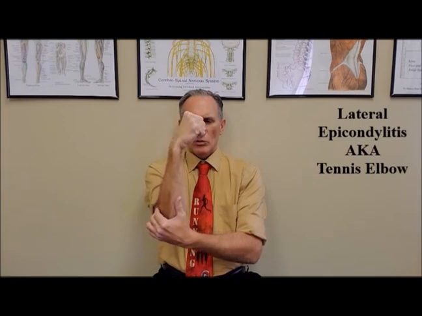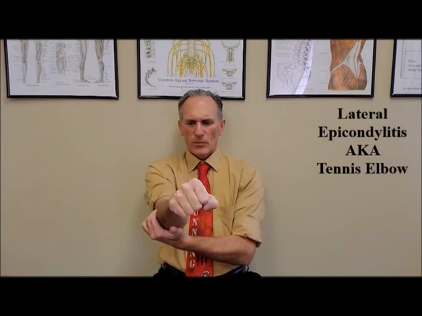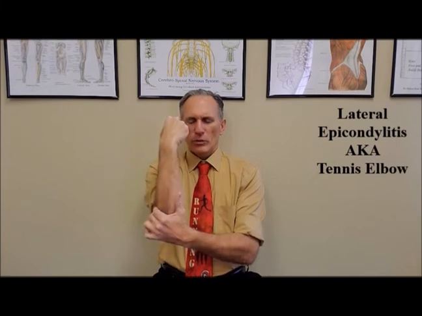And you move into elbow extension, forearm pronation, and wrist extension. And then you come back to the starting position. Once you have reached the starting position, then you move to another spot that is more distal.